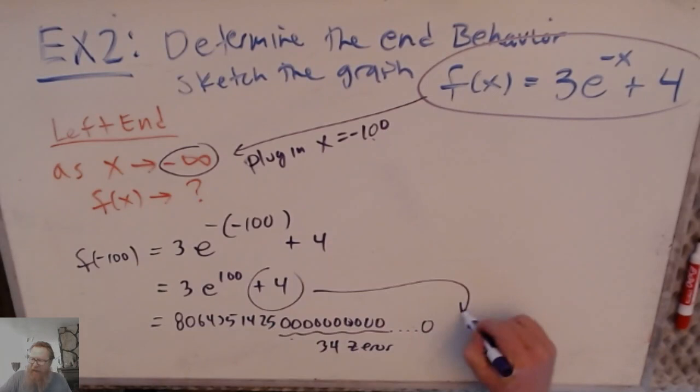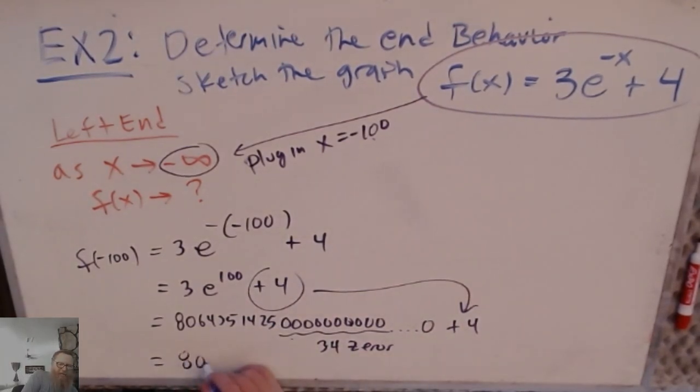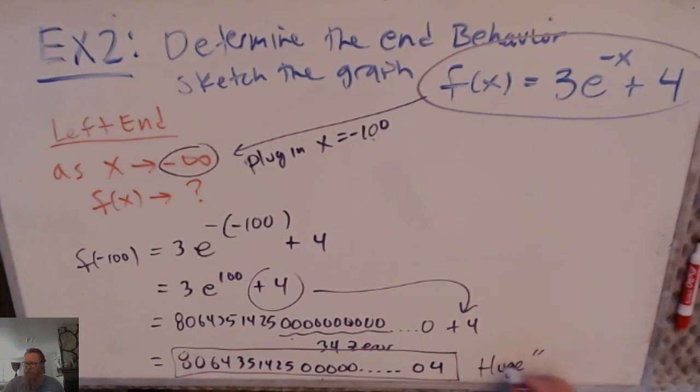Oh, and then you have to add 4 to that. So you're going to get this giant number, 8064351425, a whole bunch of zeros, and then it's going to end in a 4. This number is huge, and it's positive.